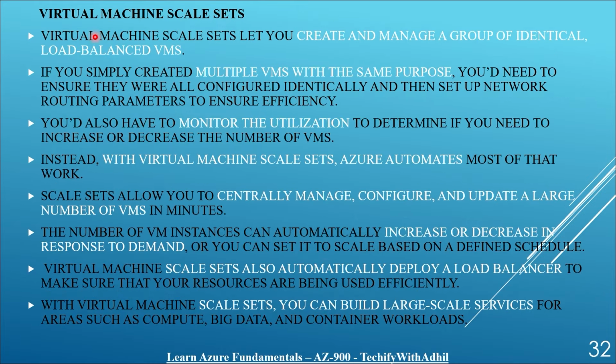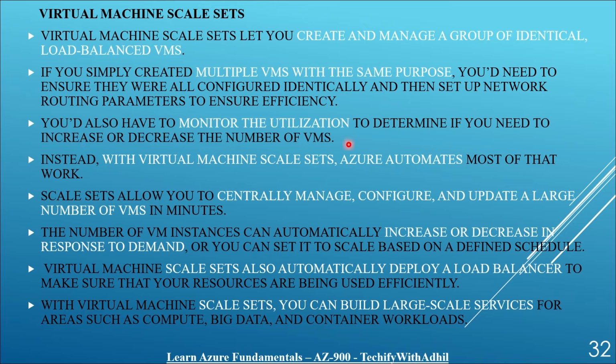So, virtual machine scale set. A virtual machine scale set lets you create and manage a group of identical, load balanced VMs. If you simply created multiple VMs with the same purpose, you would need to ensure they were all configured identically and then set up network routing parameters to ensure efficiency. You would also have to monitor the utilization to determine if you need to increase or decrease the number of VMs.